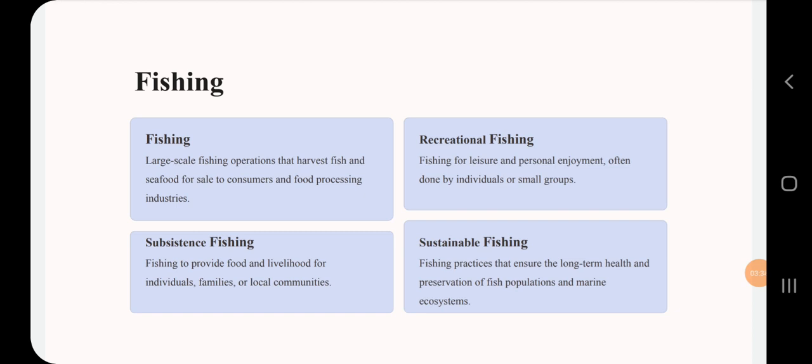Subsistence fishing. Fishing to provide food and livelihood for individuals, families, or local communities. Sustainable fishing. Fishing practices that ensure the long-term health and preservation of fish populations and marine ecosystems.